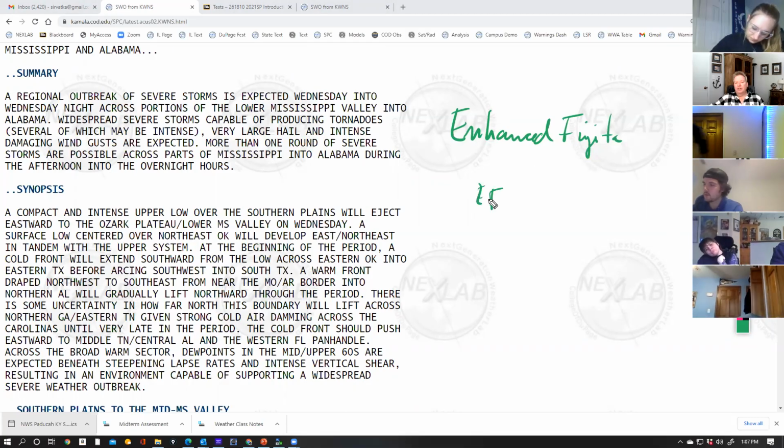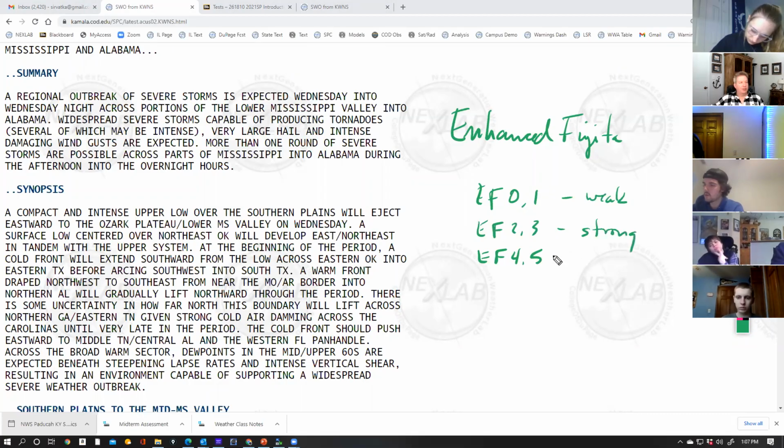It goes from EF0 to EF5. These are called weak tornadoes, and these are called strong. Strong tornadoes get really damaging, and then these last ones are called violent. There are risks for some violent tornadoes tomorrow. That's a possibility.